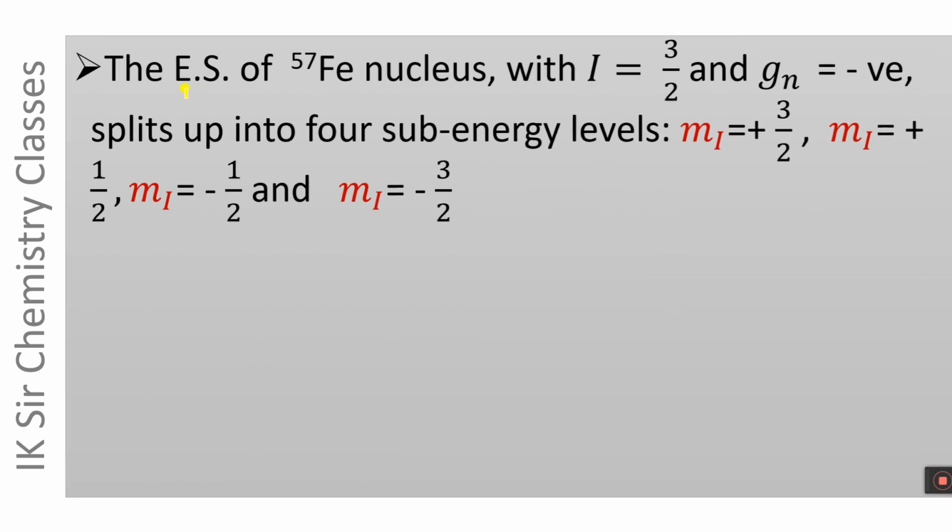Let us proceed ahead. The excited state of the Fe-57 nucleus with I equals 3/2 and g_N negative splits up into 4 sub-energy levels: m_I equals plus 3/2, plus 1/2, minus 1/2 and minus 3/2.